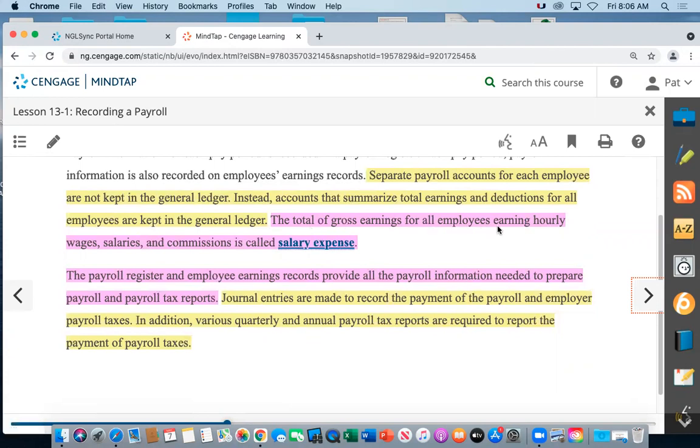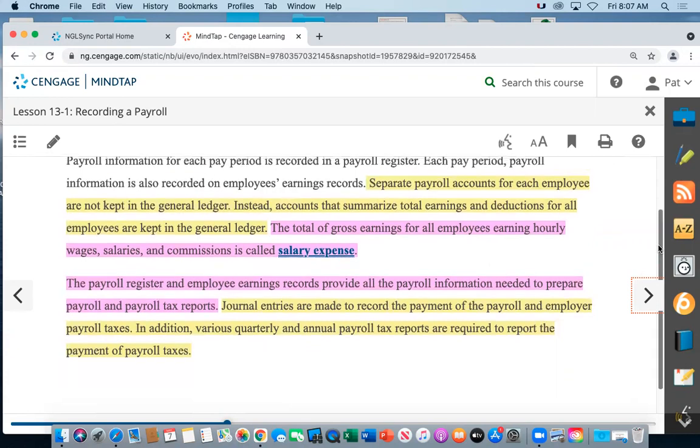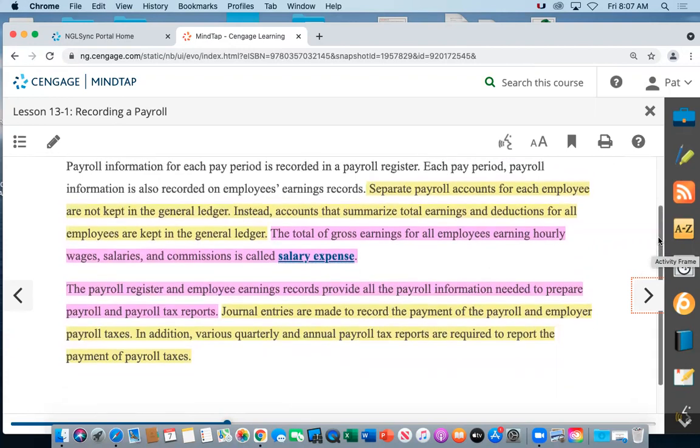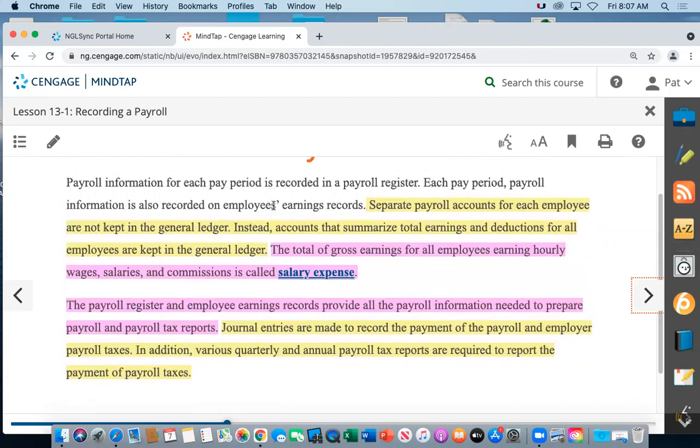The total gross earnings for all employees earning hourly wages is going to be called the salary expense.